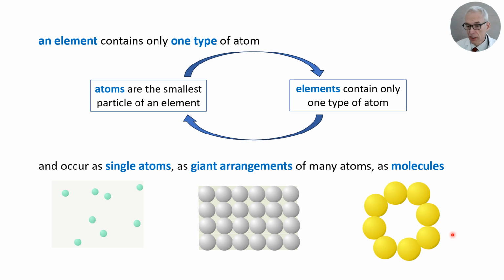Each of these are elements in that they contain one type of atom. Sulfur has one type of atom. Sodium, one type of atom. Helium, one type of atom. They are all elements.